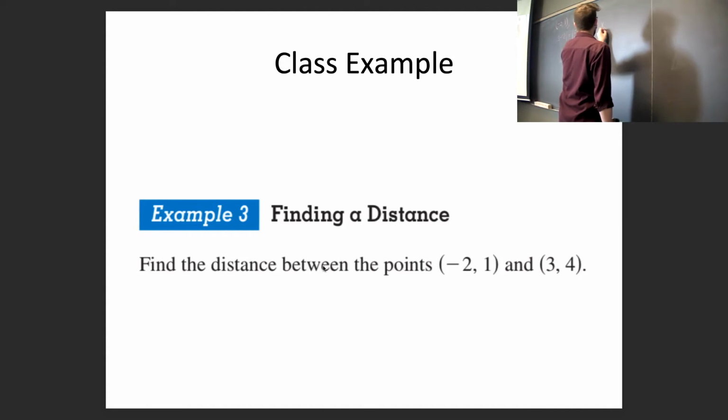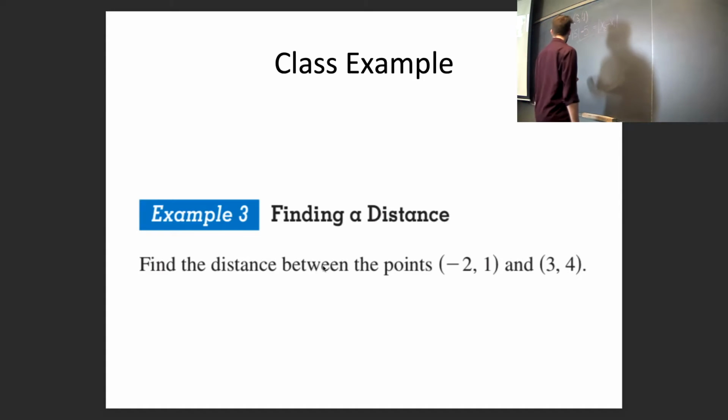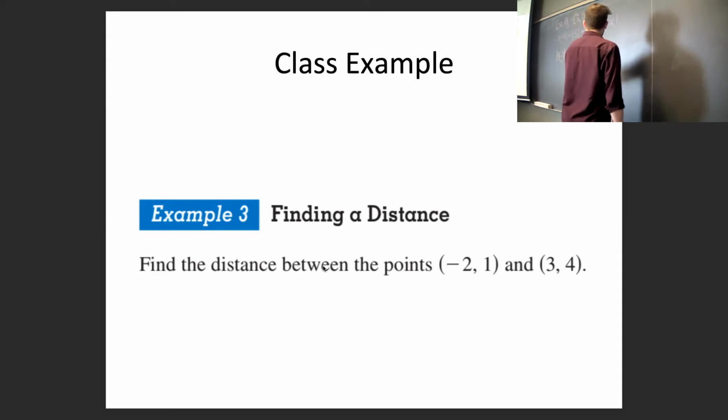This is x2 minus x1. Now doing that with the y values, we're going to have 4 minus 1. This is going to come out to be the absolute value of 3, which is just 3. And this is equal, of course, to y2 minus y1.